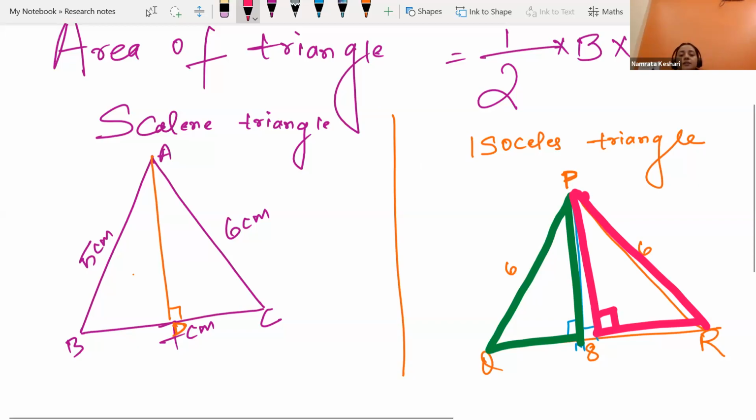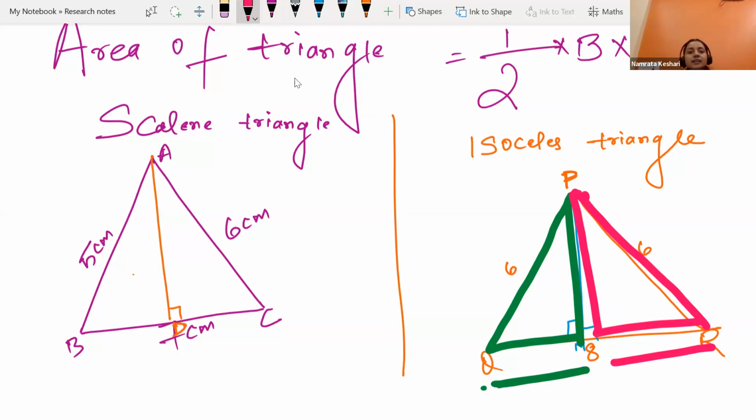If this green color triangle and this pink color triangle are congruent, then of course this much length will be equal to this much length, can we say? And if the total is 8, that means the green one is 4. This is 4 and that is also 4. Can we say that?